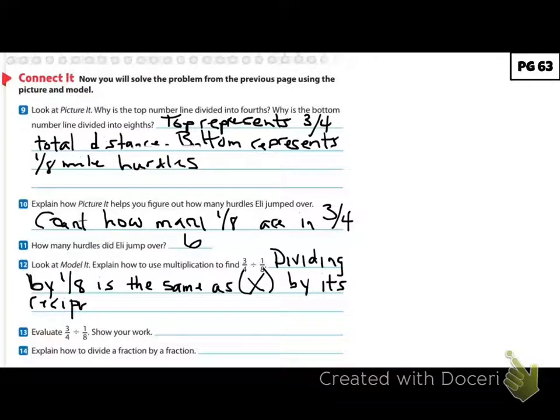That's reciprocal, okay? The second fraction.